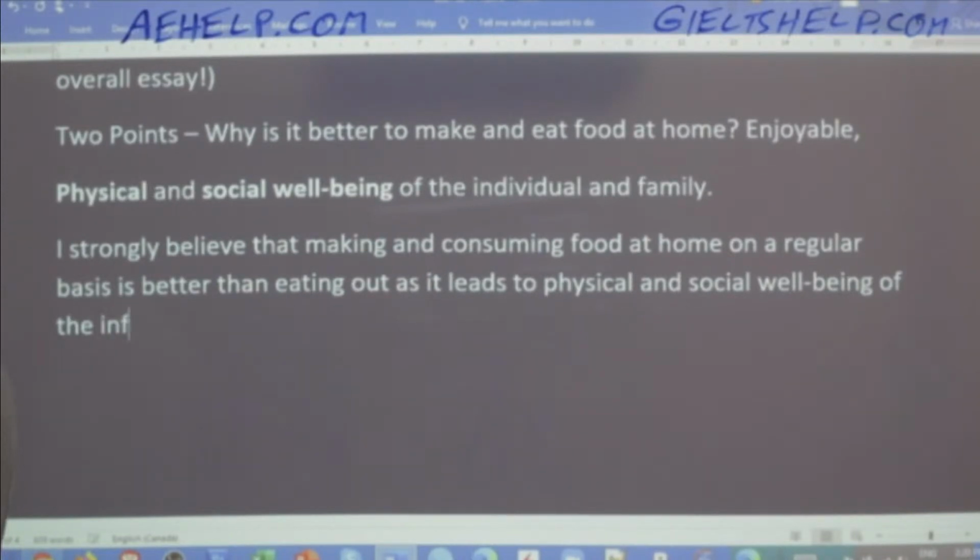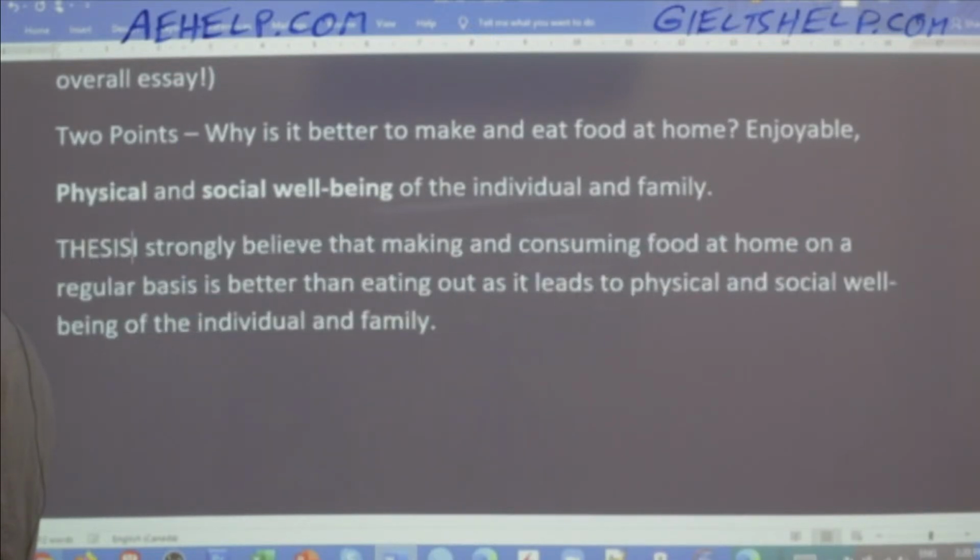Well, let's just keep individual. It's better in this case. Individual and family. Okay, so this is my thesis statement. Okay, and this would be considered a Band 9 thesis.